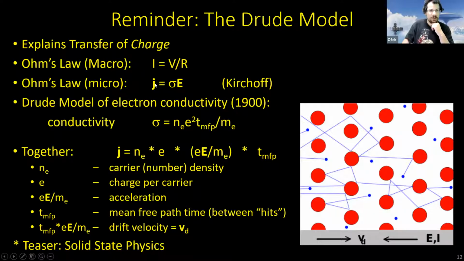So J and E are vectors and they're proportional to each other with some microscopic conductivity sigma. What does this conductivity actually consist of? Where does it come from? Why is gold or iron a better electric conductor than, say, air or wood?